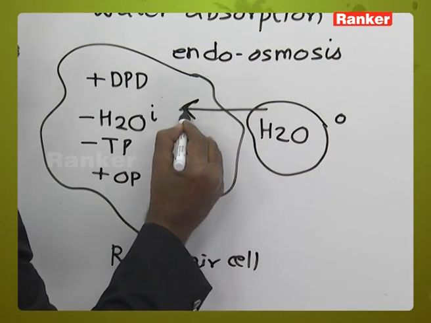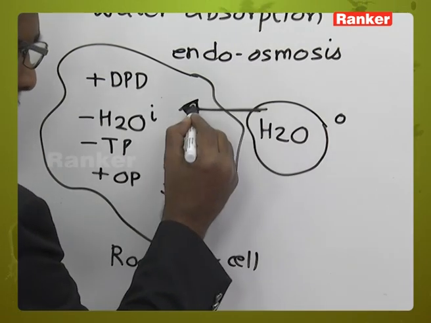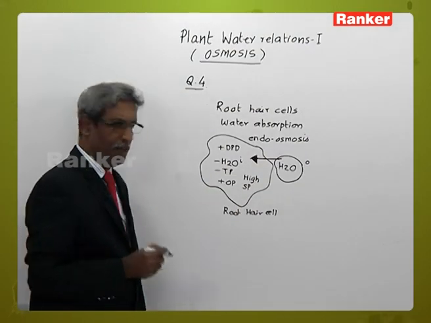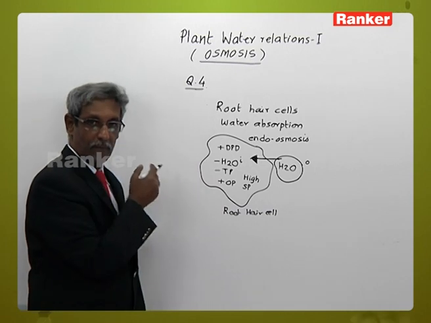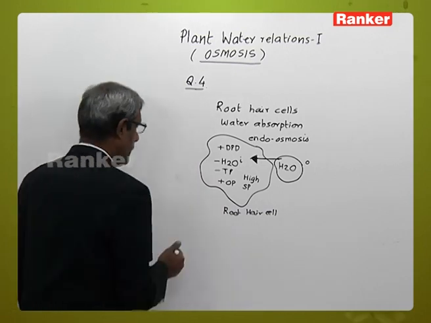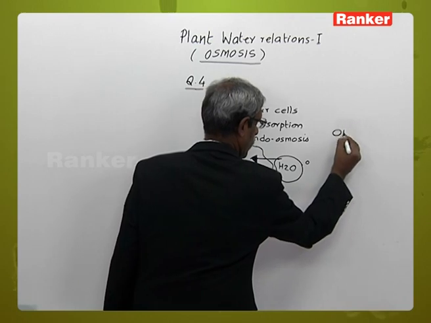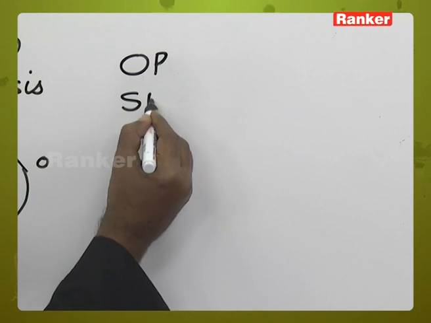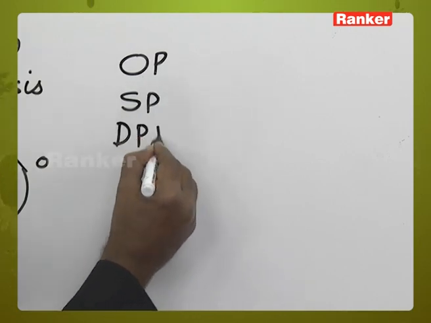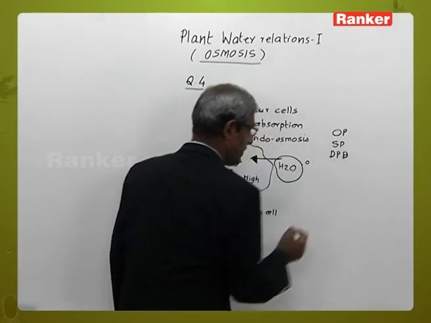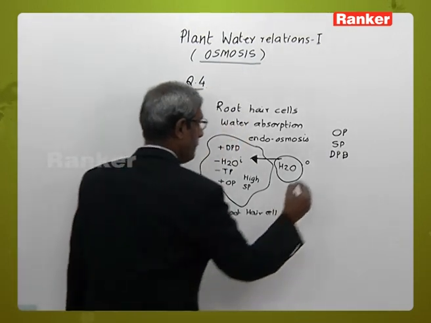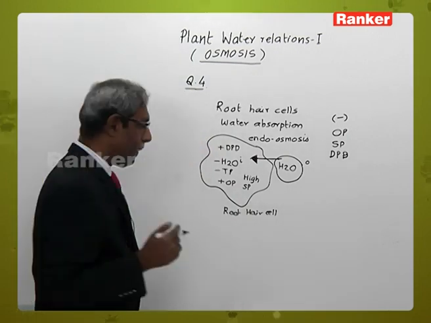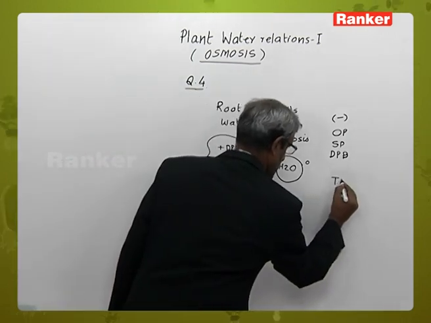Hence, the path of water uptake shows all these particular features. In parallel, as a consequence of this, the osmotic pressure OP, the suction pressure, as well as the diffusion pressure deficit, all these three become low after some time, and thereby the turgor pressure is increased.